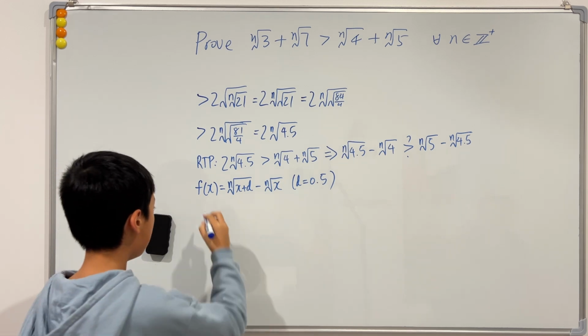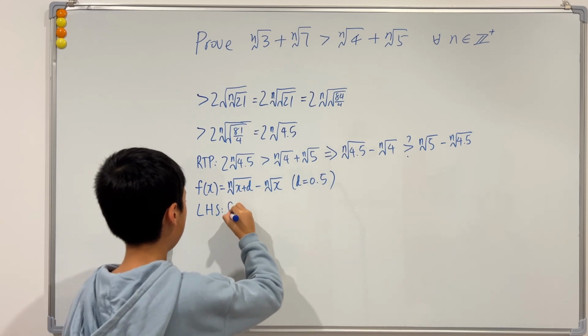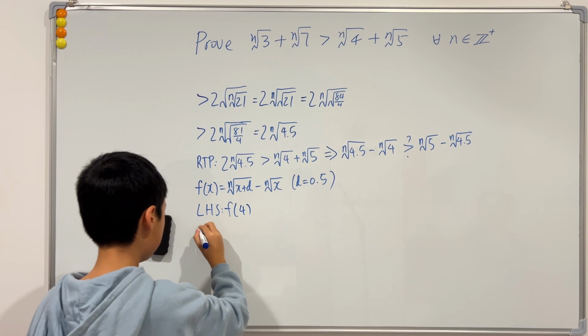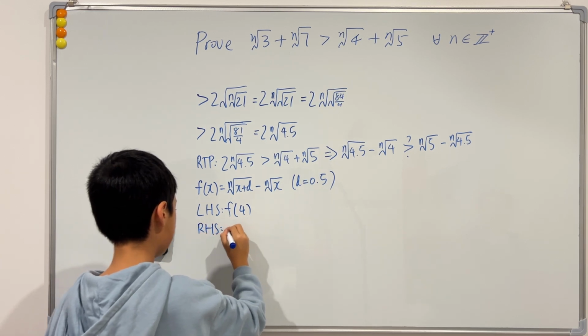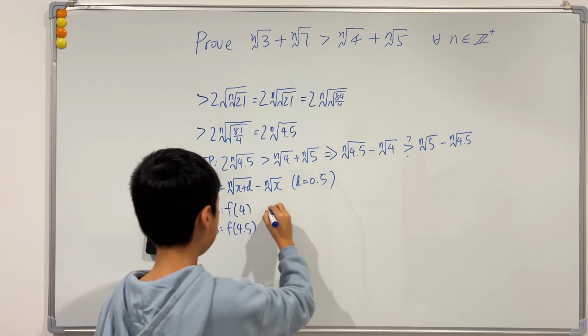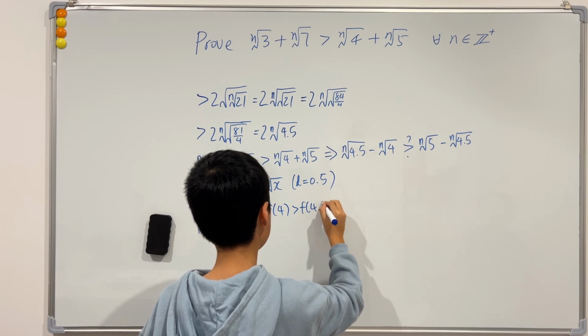So we can see the left-hand side is just f of 4. And similarly, the right-hand side is just f of 4.5. So we have to prove that f of 4 is greater than f of 4.5.